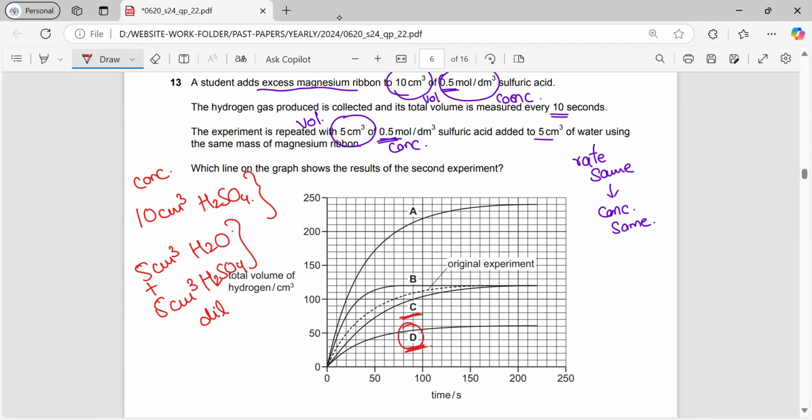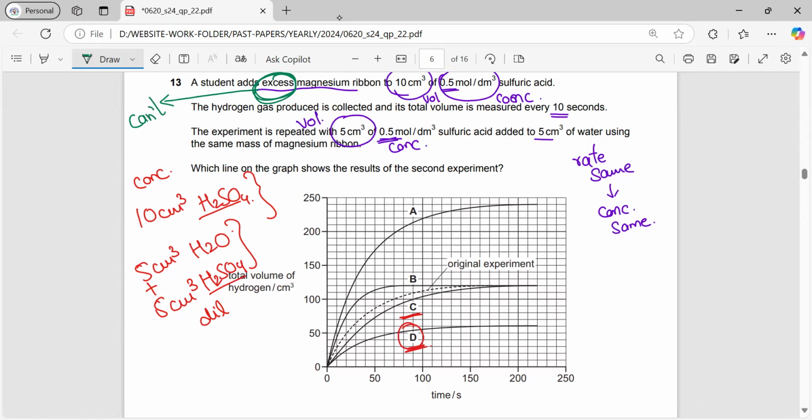The same product will not form because the limiting reagent decides the total amount of the product formed. Here we have taken magnesium in excess. The one which is present in excess does not determine the amount of the product.